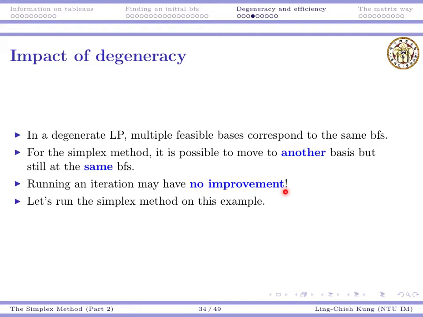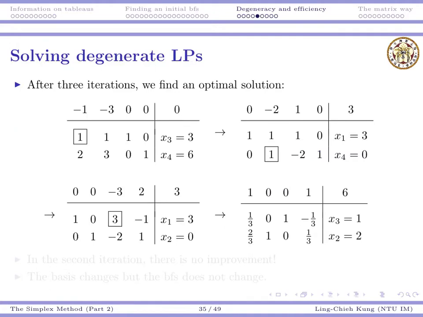So let's run the simplex method on this particular example. When we use the simplex method to solve this problem, things are not very special at first. We do a simple entering and leaving, and then we get to the second tableau. Here again, entering, and something new is here. The first row has a ratio which is 3.